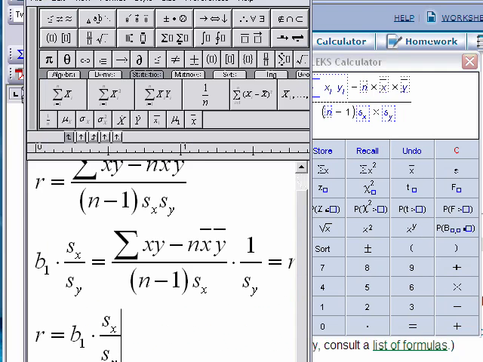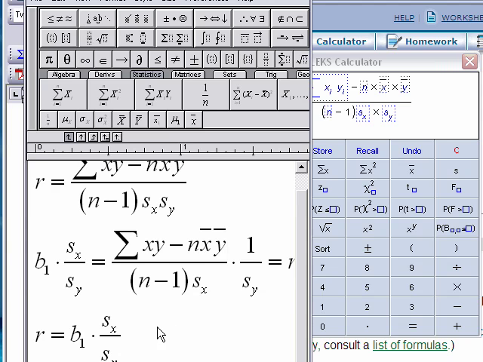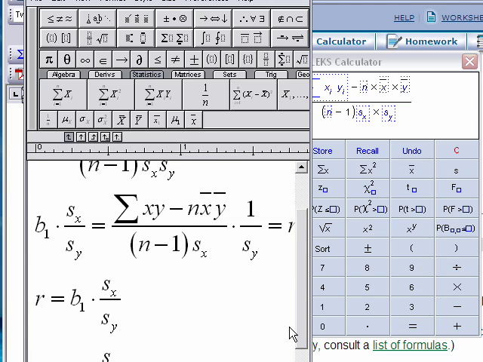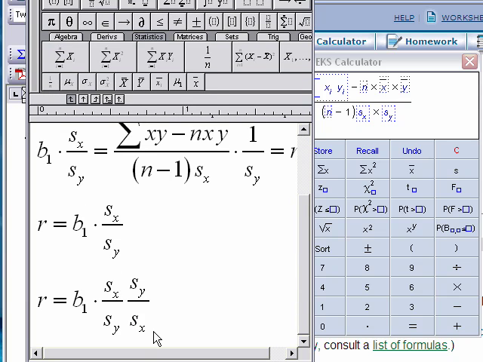Similarly, when we go back to our Word document, if r is equal to b1 times s sub x over s sub y, if I multiply both sides of this equation by s sub y over s sub x, I'll put a s sub y over s sub x, we can see here the s sub x will cancel, but if I do it on one side, I've got to also do the same thing on the other side as well.